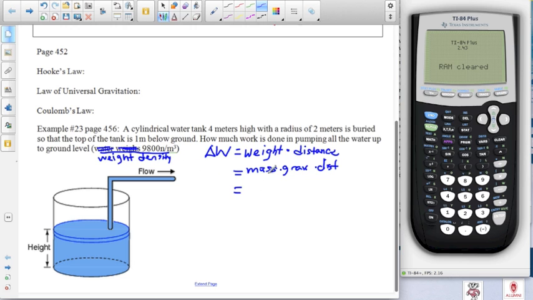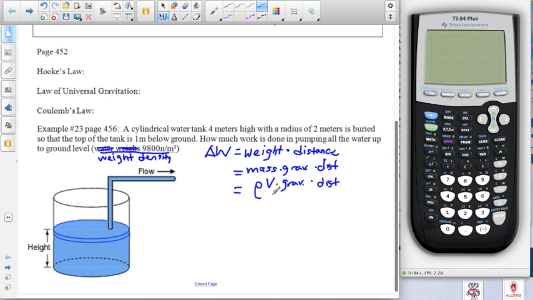So we're going to calculate this by taking the density per unit volume, and then times the gravity.